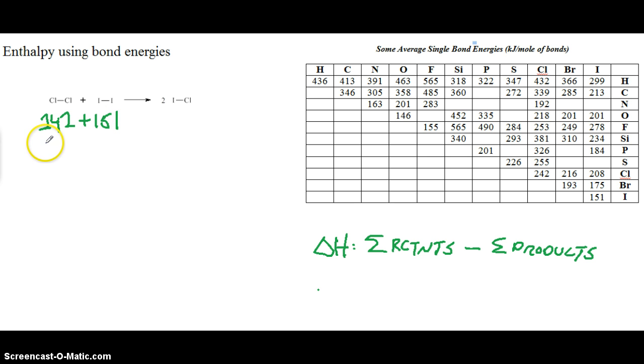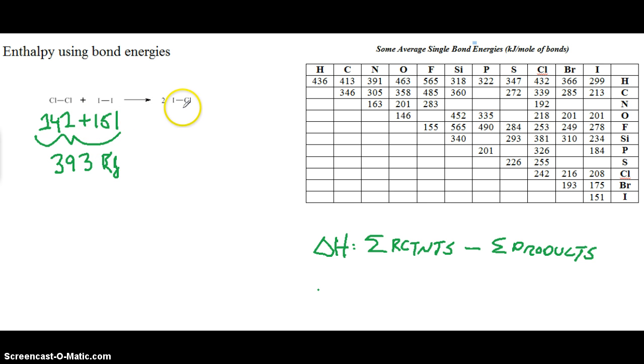So if I'm going to break these apart, I have to put enough energy in to break all these bonds, and the total requirement there is 393 kilojoules. Sorry, my pen is not working today. So that's the total energy going in.